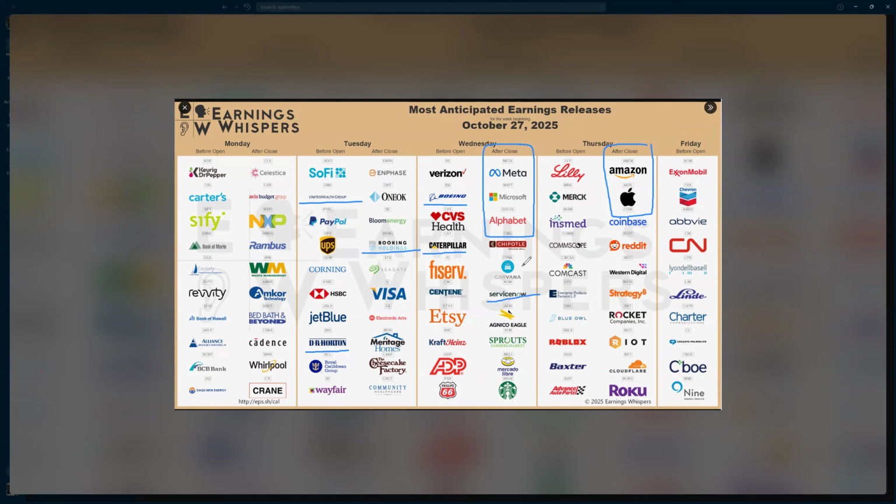ServiceNow. This is companies of fraud. Chipotle here. Here, Mercado, there's Mercado Libre and that Millie right there. Starbucks here. Man, there's some heavy action next week. Wow.